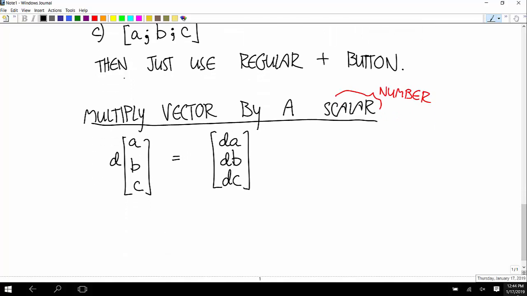And again, excuse me, in a TI calculator, you can just use the regular multiplication button.